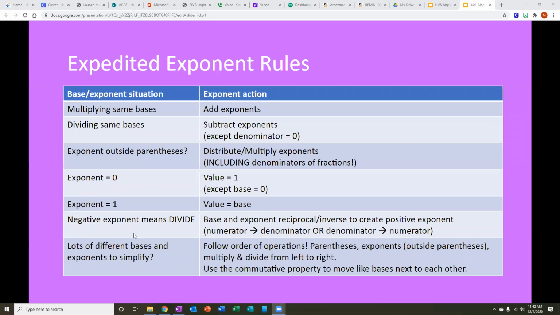This is also one of the rules that people get really confused about: negative exponents. This is super important if you don't want to be confused later on. Most people have probably had this. If you haven't, that's okay. But negative exponents mean divide. They are not negative numbers.